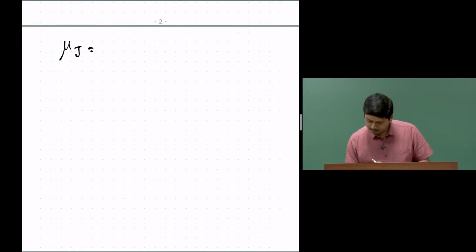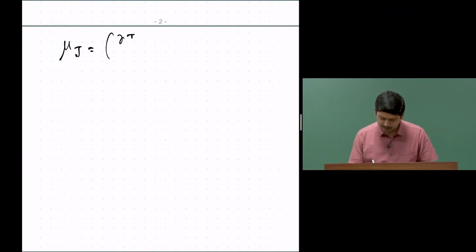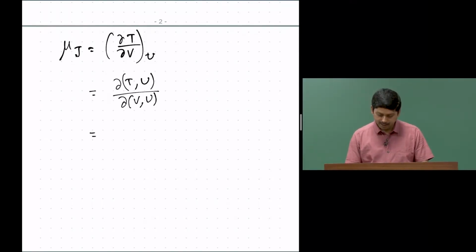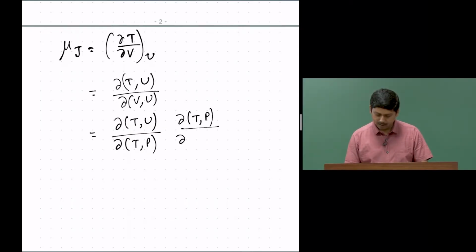So by definition you see mu J is ∂T, the change in temperature with respect to change in volume at a constant U. So in this particular case we have to use the Jacobian, because we have to bring the U in the numerator. So it is ∂(T,U)/∂(V,U), I can write that, and then I can take it as ∂(T,U)/∂(T,P), and I have to multiply by ∂(T,P)/∂(V,U).